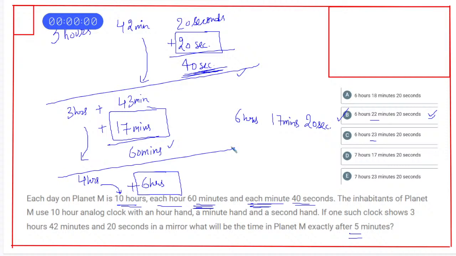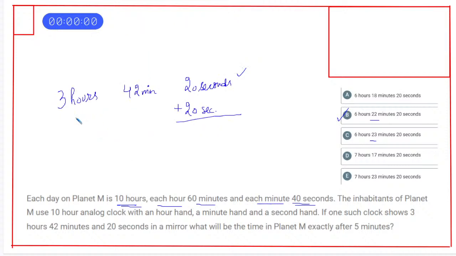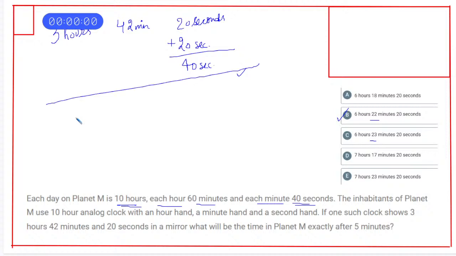See, right now we are at this stage. We have to go till 10 hours. So first I have to add 20 seconds to make it balanced 40 seconds.